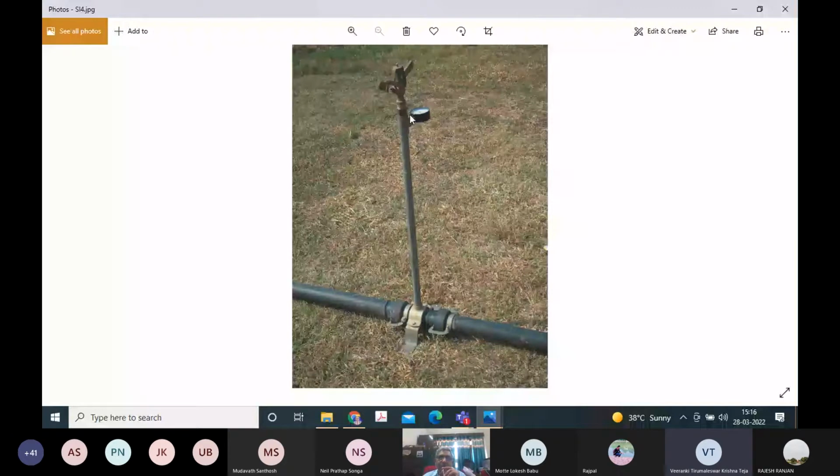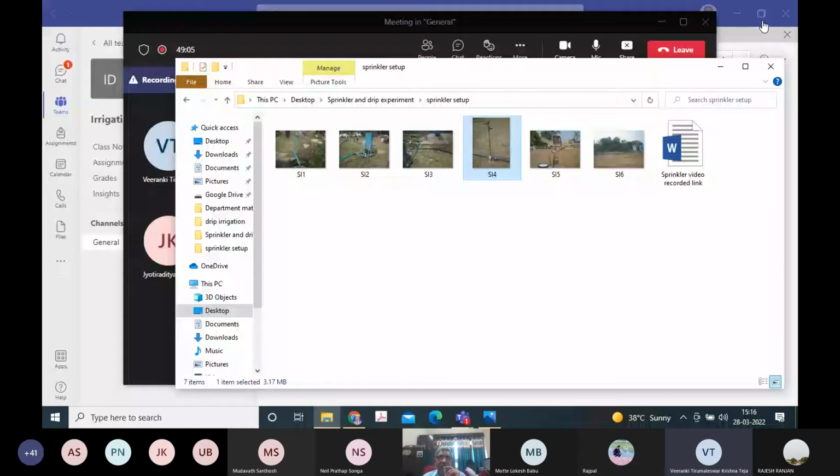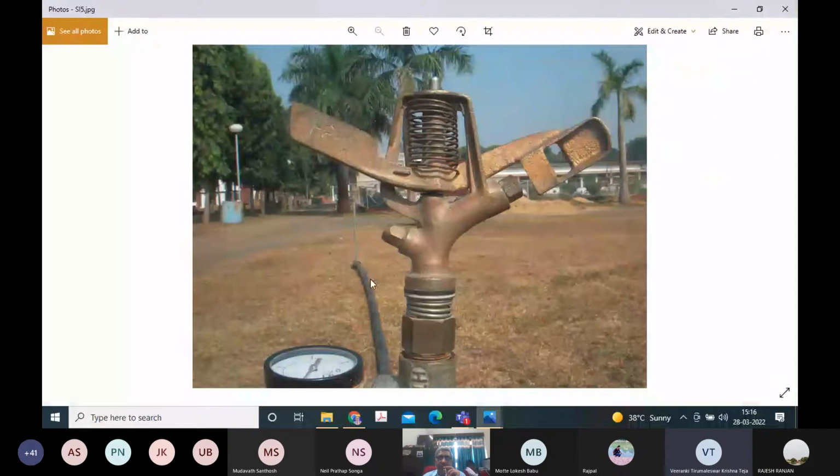So before operation of the observation, we are collecting the information. Already I have told you. You can see here how the sprinkler system is in operation. These sprinklers are attached, and the data which I have supplied you has been collected by placing them at a specific distance in a grid.